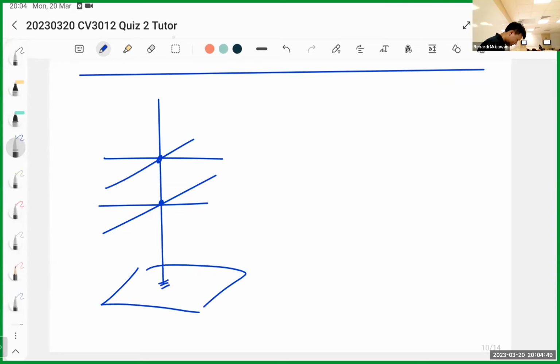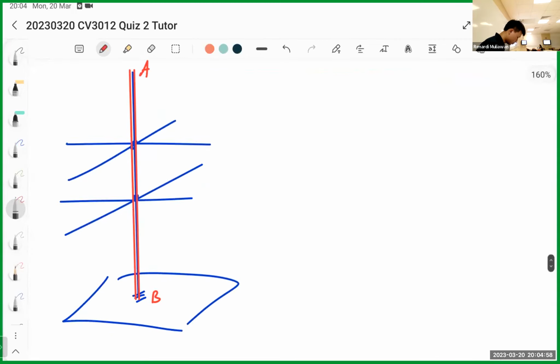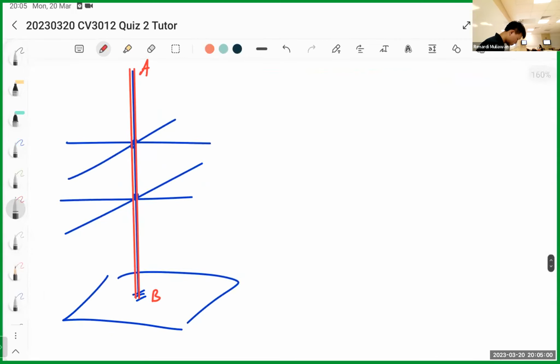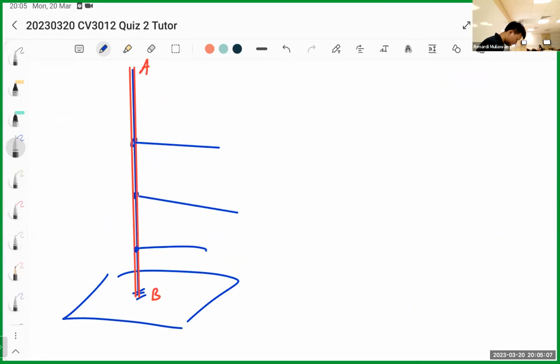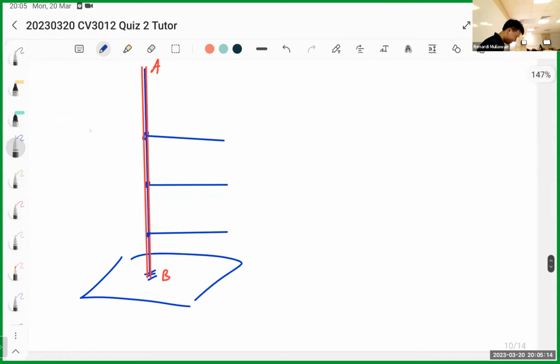Let's say this middle portion is your column, AB. This is your beam, level 1, level 2, level 3. This is the first story, second story, third story.